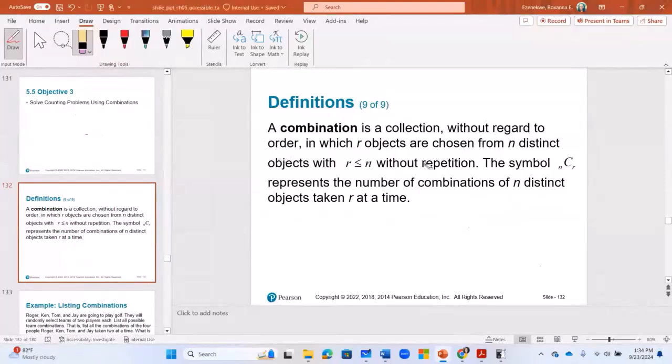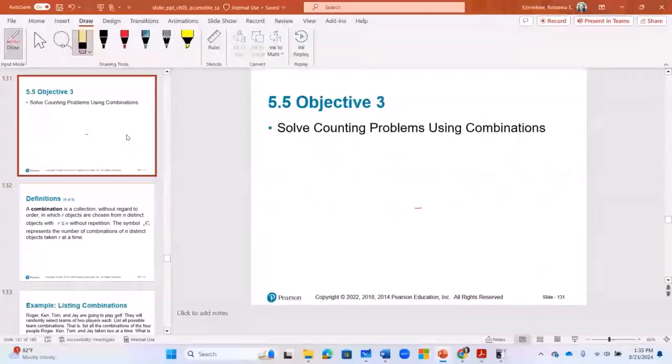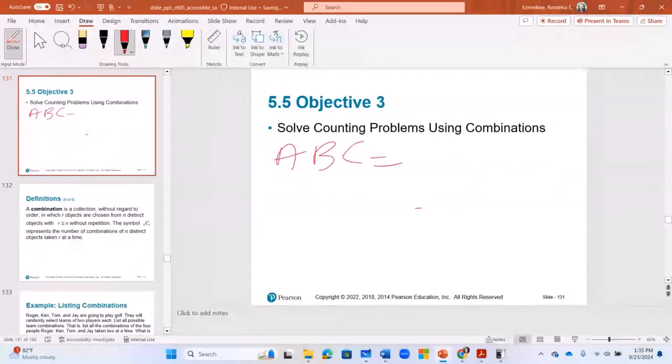Another way of saying it: the order is not important. Let's do something simple. In how many ways can you arrange A, B, C if order is not important?